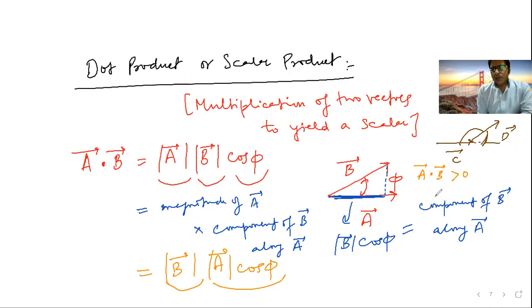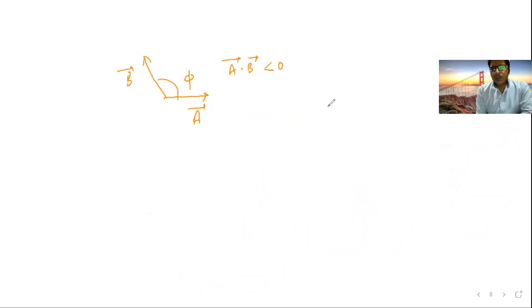Here it is positive, greater than 0. And if the angle between A and B is 90 degrees, cos 90 is 0, then A dot B is 0.